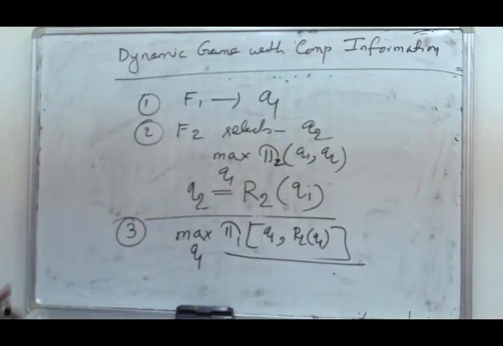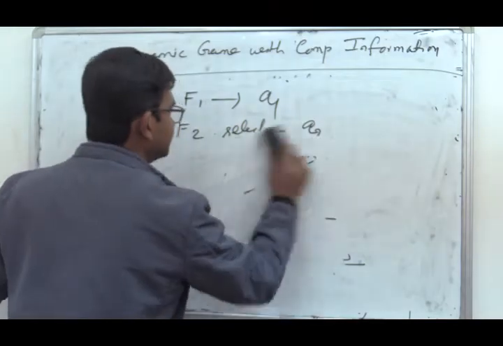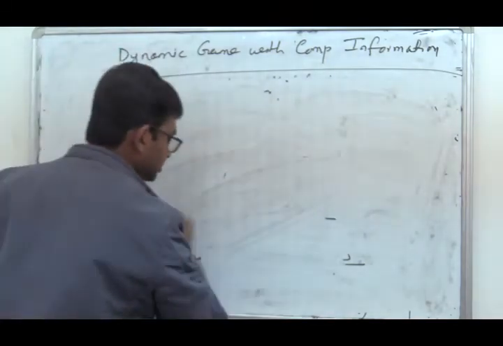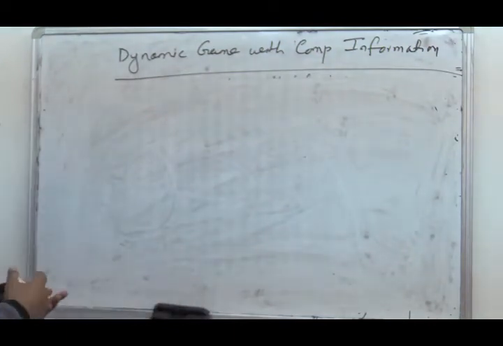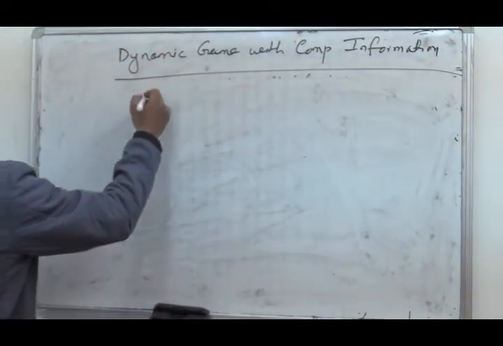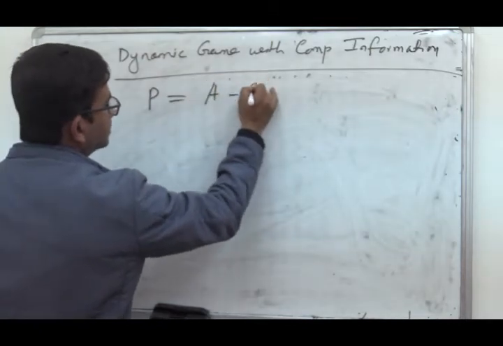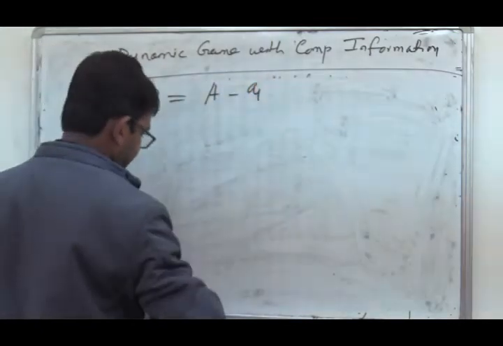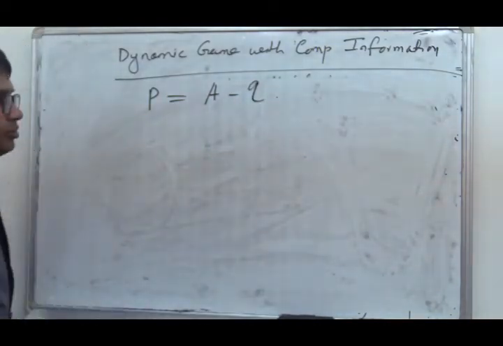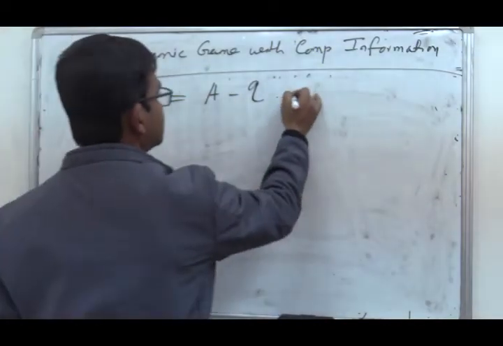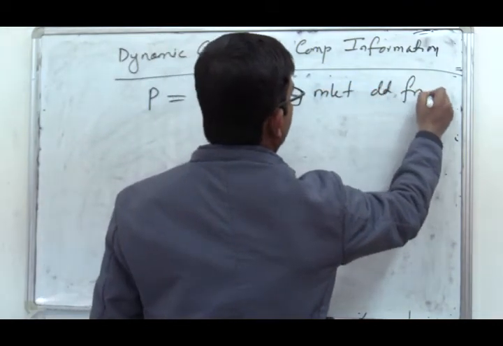So now we will enter into the game. Let us consider that price is given as A minus Q. This is the market demand function.